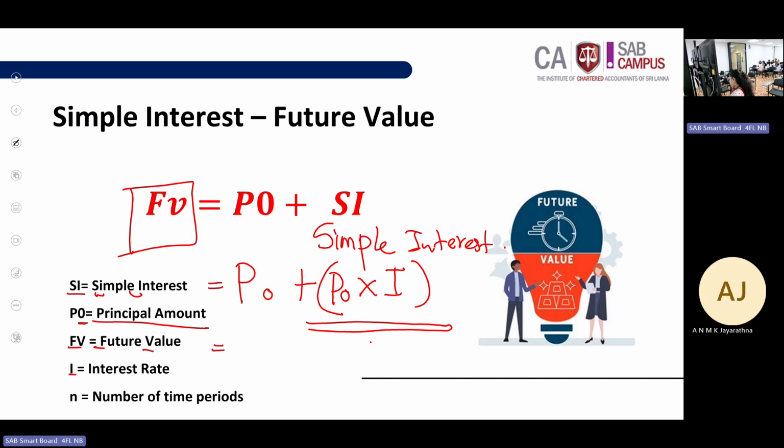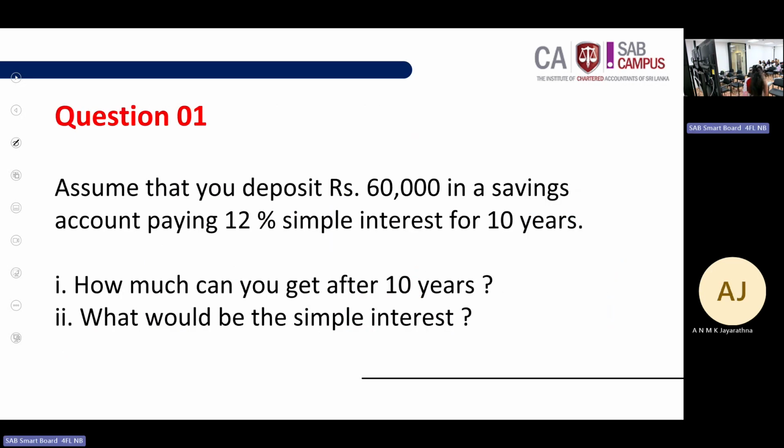I means interest rate. Some of you might have taken this I as R also, that is also okay. N means number of time periods. You can write down the formula. Done. Okay, good. So then read question number 1 and try to do this one.